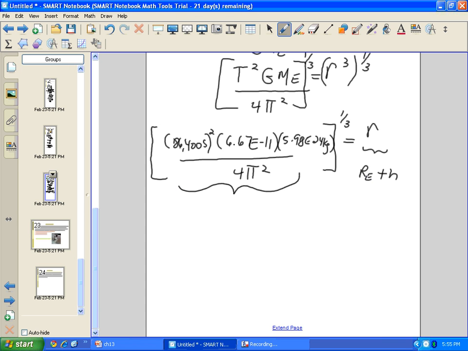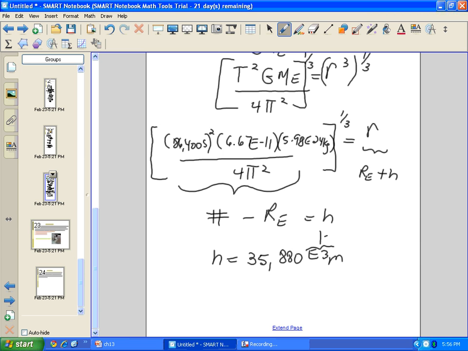So in other words, take this number right here, whatever we get, minus r sub e, and that will give us h. And when we do so, let me just write h now on the left-hand side, we get 35,880 e to the 3 meters.